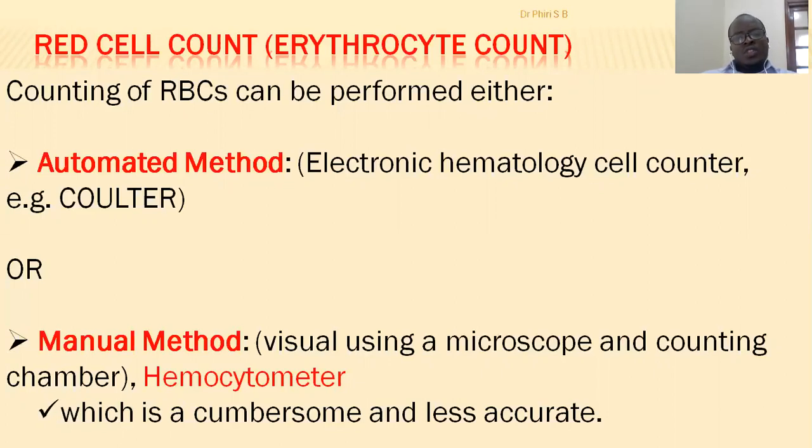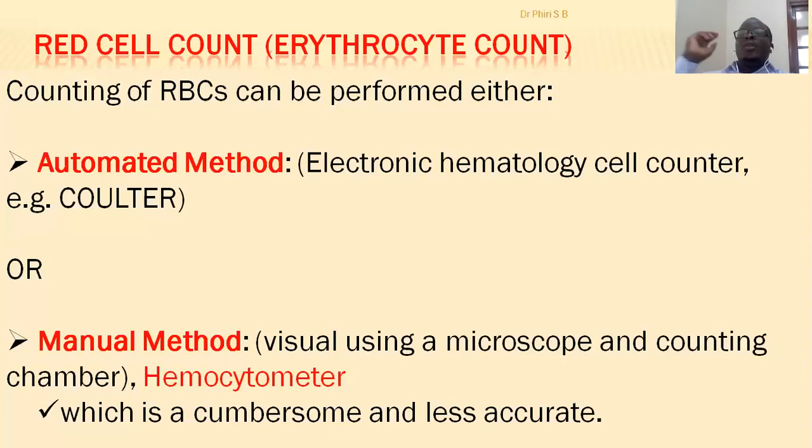So there are two different methods that you can use to count red blood cells. You have the automated method, where you're using a machine. So it's an electronic hematology cell counter, also called a Coulter. With this machine, you just collect a whole blood sample from a patient or whoever you want to count the red blood cells for, then you put it in this machine.